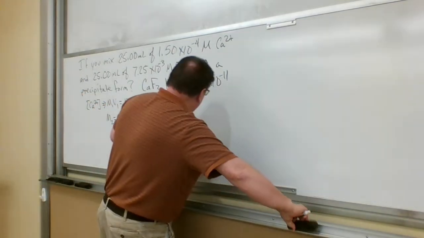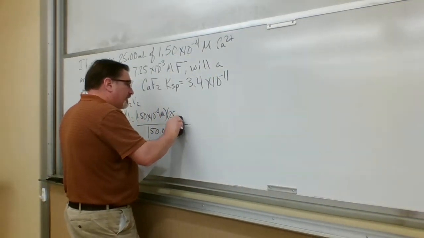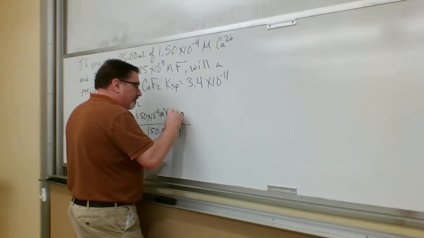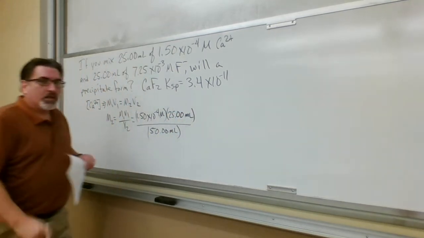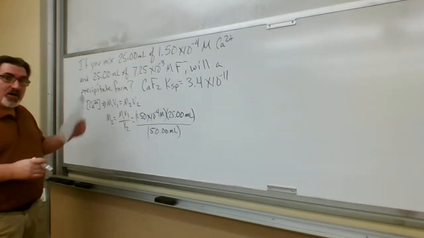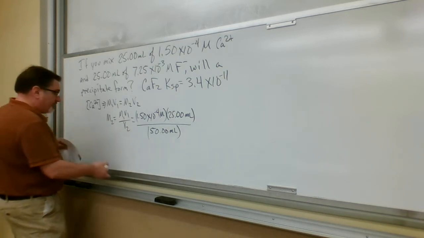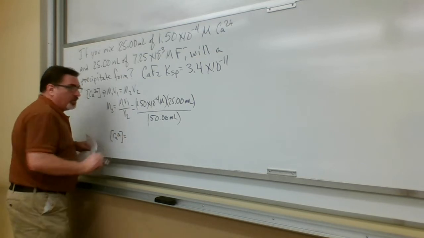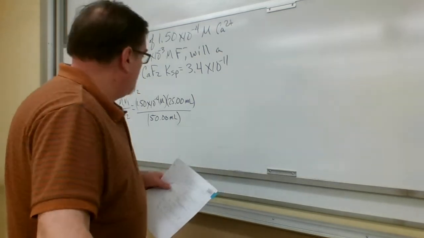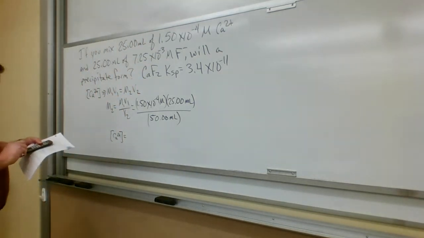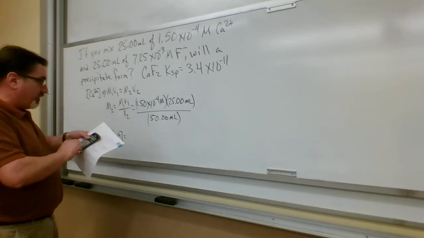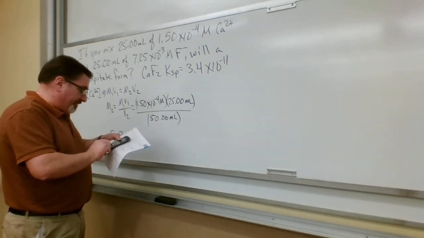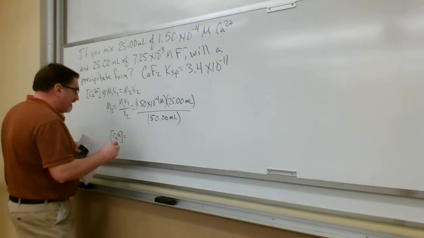So we're calculating the new final molarity of the calcium ion, because it's the final concentration that matters, not what it was at the start, but after you mix them together. So the concentration of Ca2+ is 1.5 times 10 to the minus fourth times 25 divided by 50, which is 7.5 times 10 to the minus fifth.